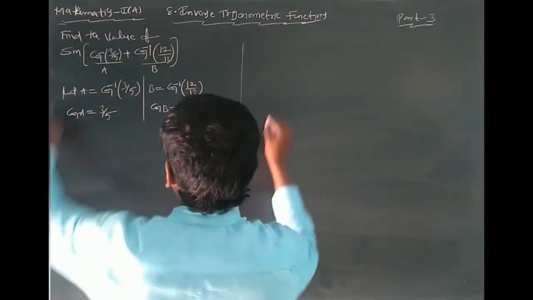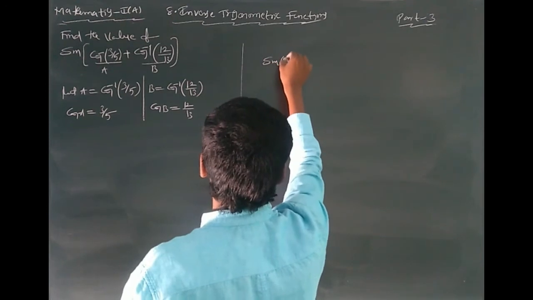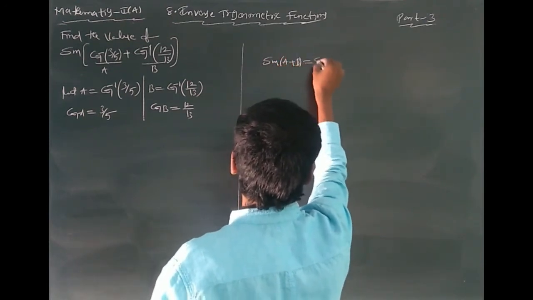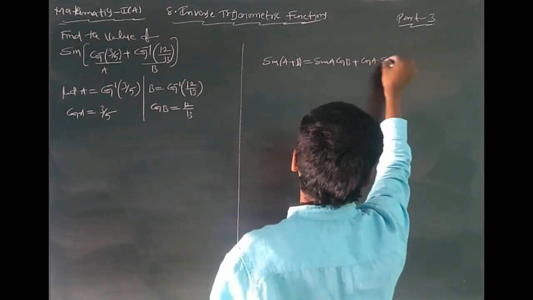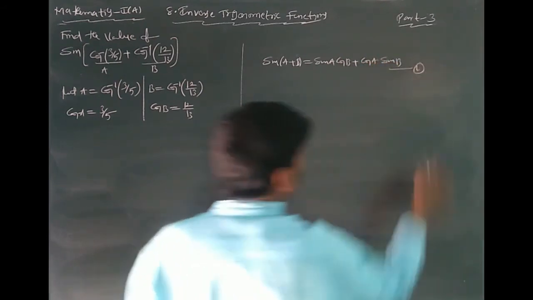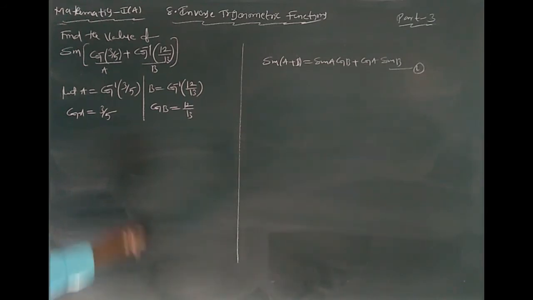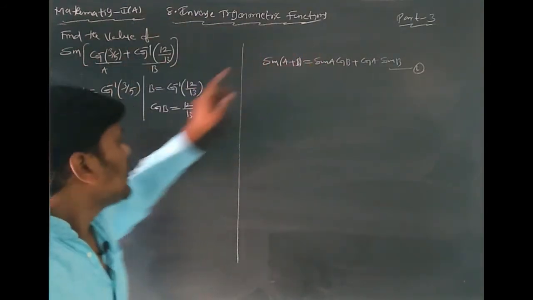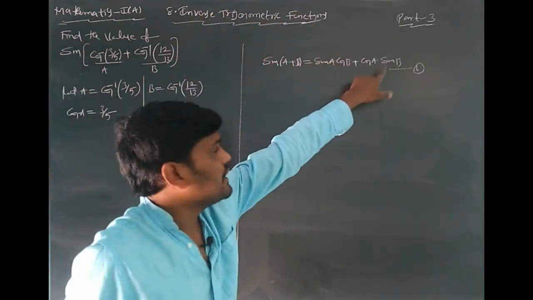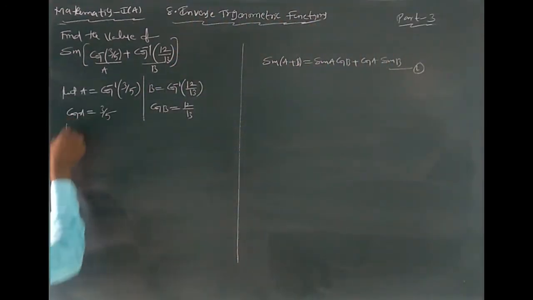After that you can write sine of A plus B. What is the formula of sine of A plus B? Sine A cos B plus cos A sine B. This is the formula. In this formula, using cos A find sine A, using cos B find sine B. First you can draw a right angle triangle.